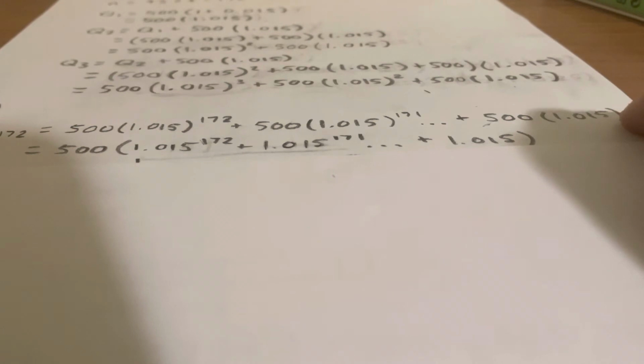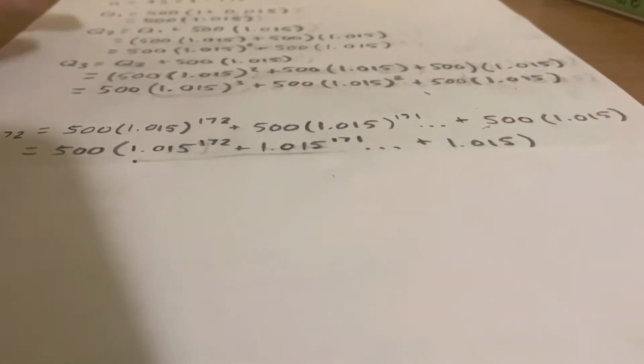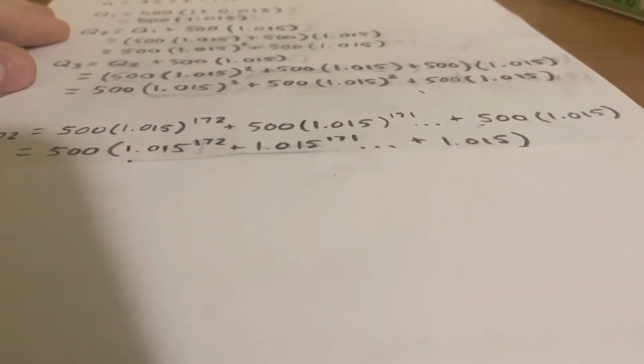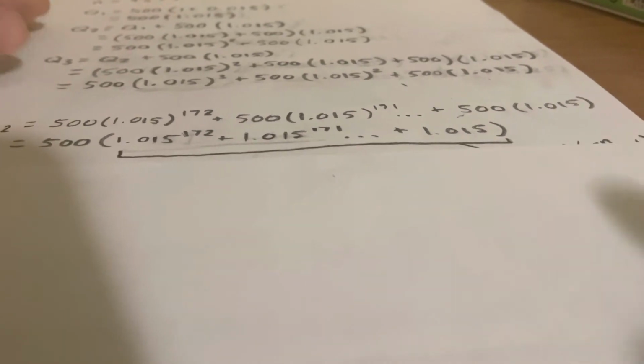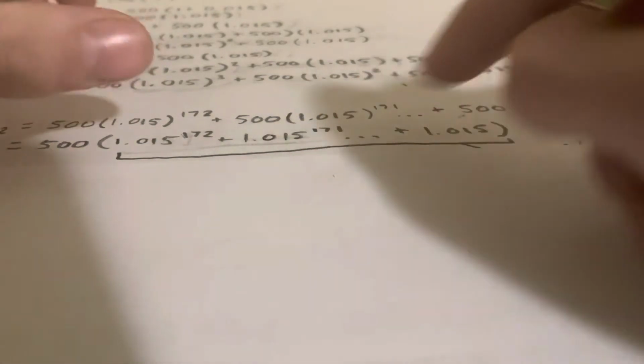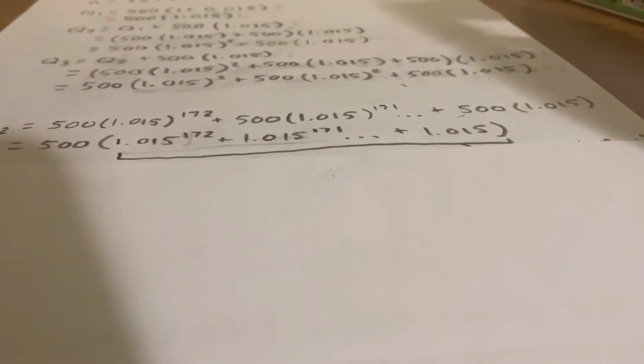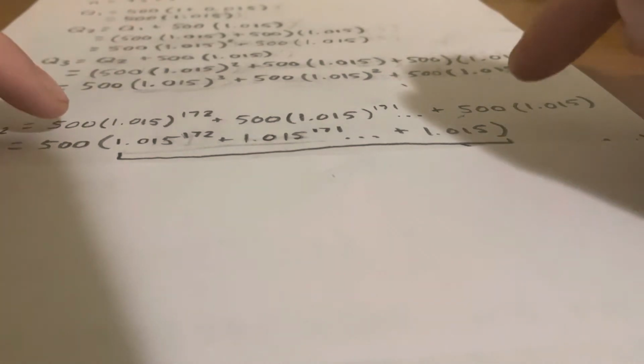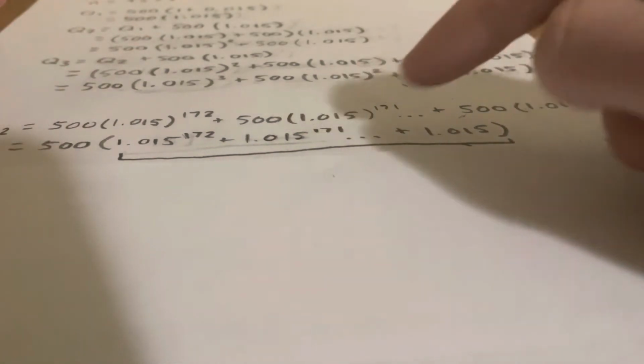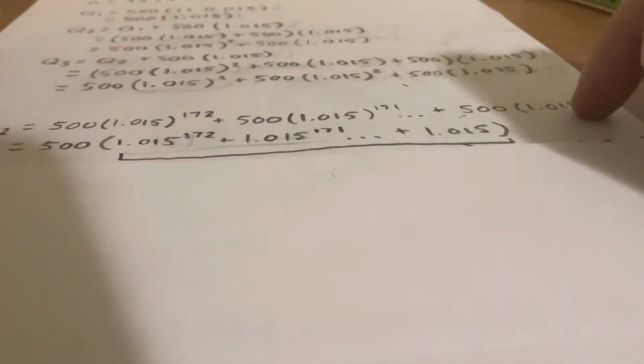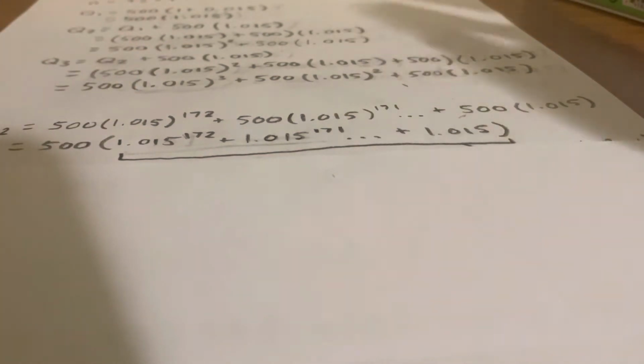Now, working all of this out wouldn't be effective one by one and just keep adding and adding. What we're going to do is put it into a geometric series. Since 500 is being multiplied at the start of every single one of the brackets, we're going to factorize it.